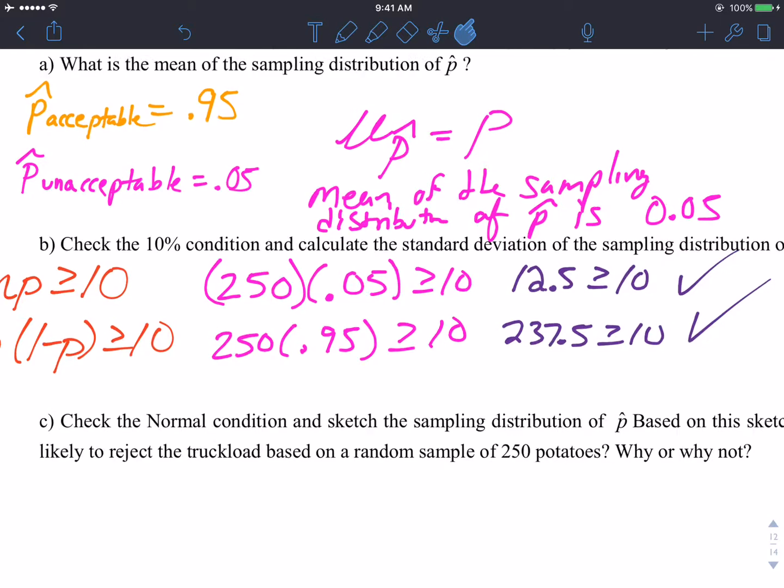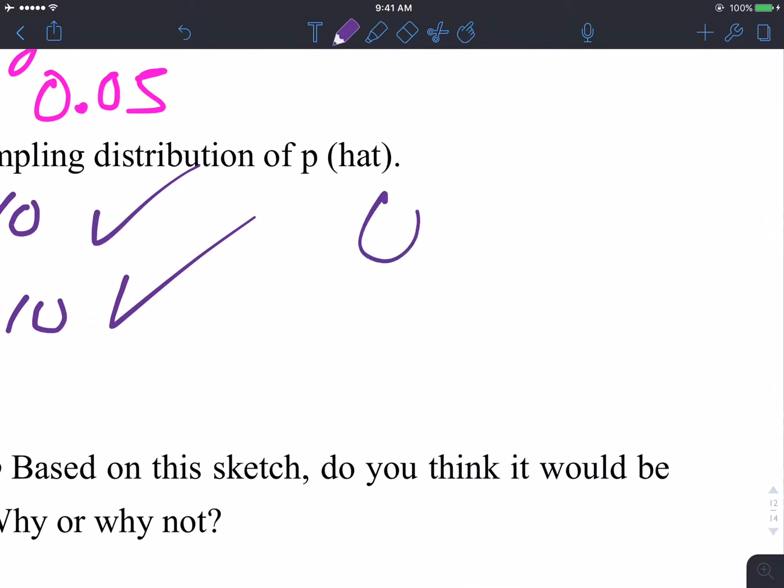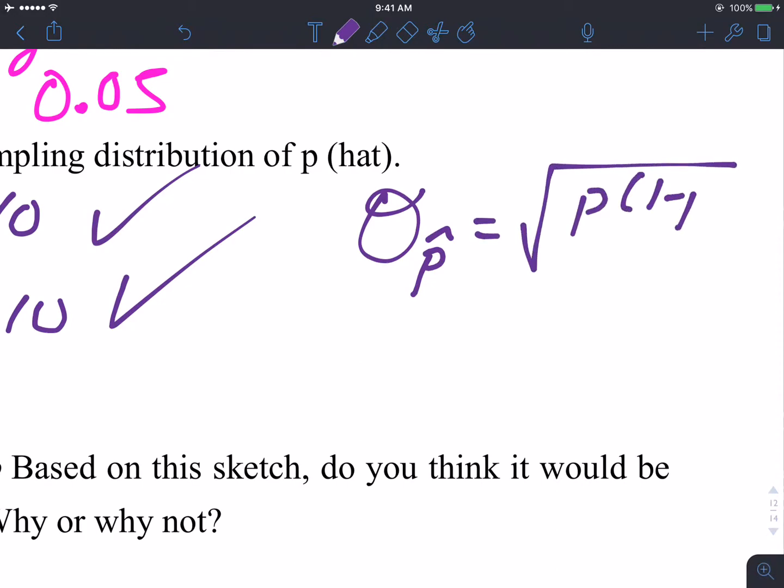So now we can find the standard deviation. The standard deviation of P hat, the estimate proportion, you go ahead and plug that all in, 0.05.